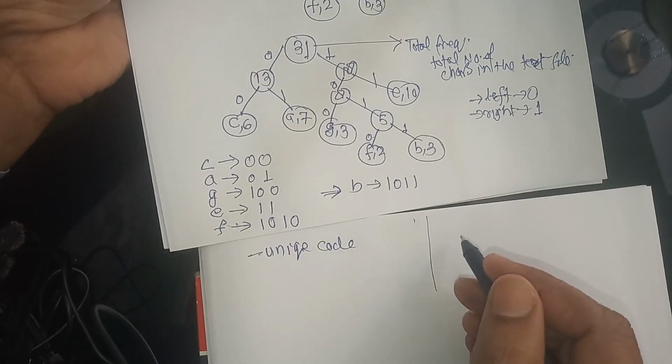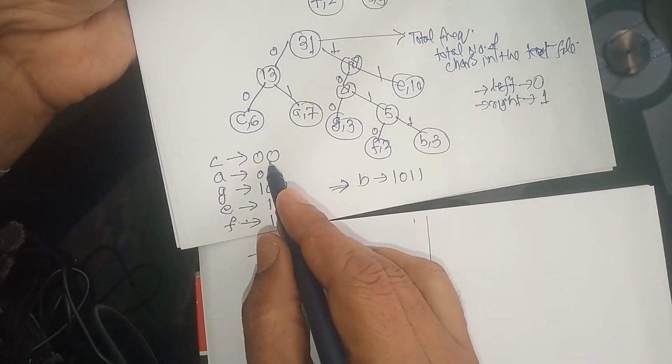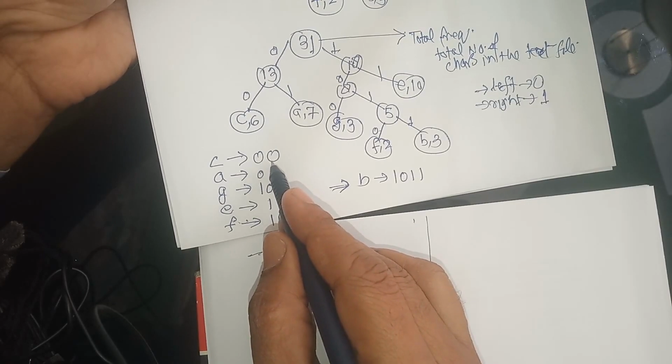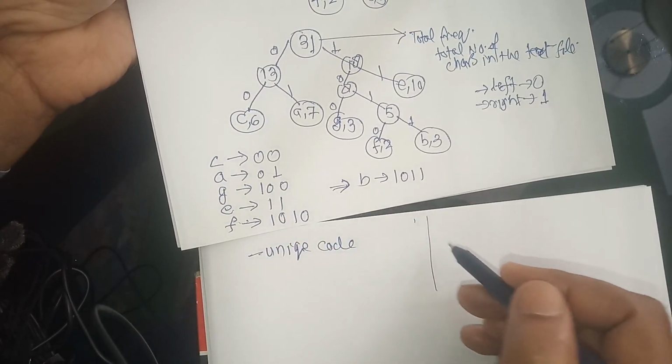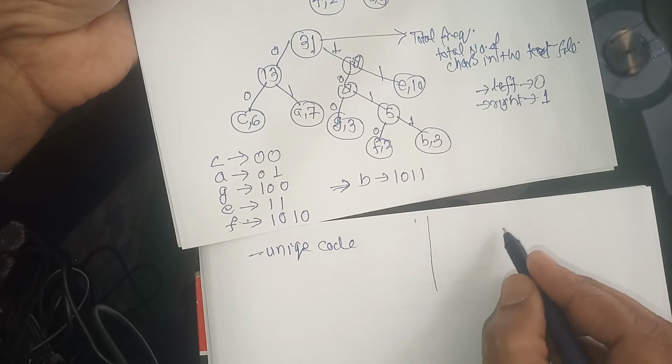Because if one character's code is a prefix of another character's code, then there will be ambiguity.